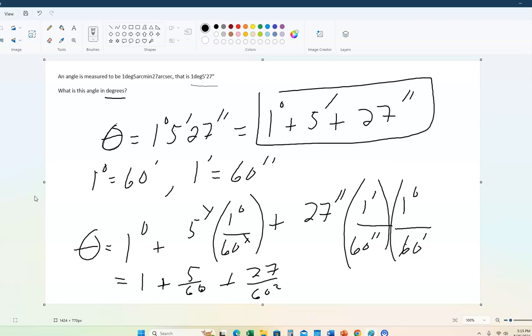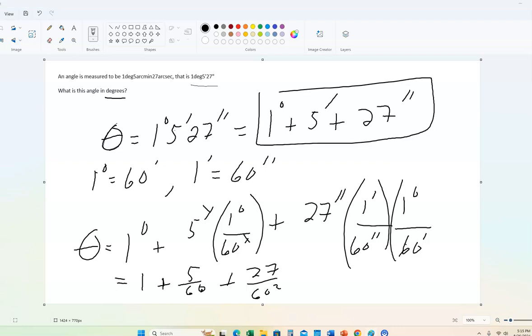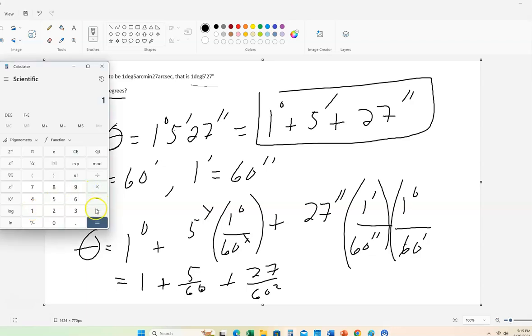That's literally what you do. Let me do this in my calculator. You can just do it straight across: 1 plus 5 divided by 60 plus 27 divided by 60 squared, because they're fractions, it'll do this in the correct order. Then I hit equals.